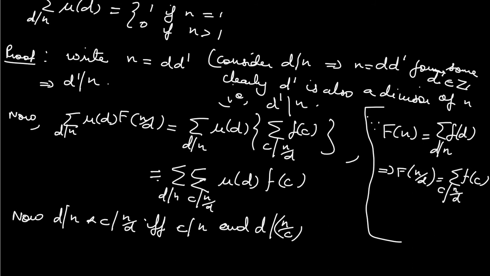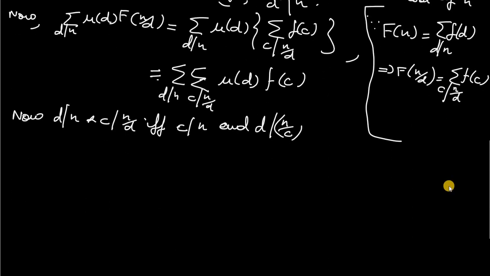Let me just go below. Now c divides n upon d. It implies that c divides d prime. What is n upon d?